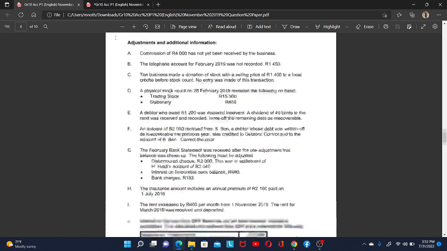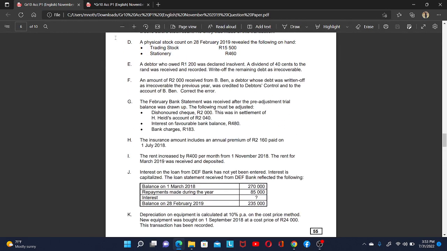Let's go back. Here we gave a debtor a discount thinking that this debtor was paying us, only to find out that the cheque he gave us does not have money, because the bank has returned this cheque as dishonored.